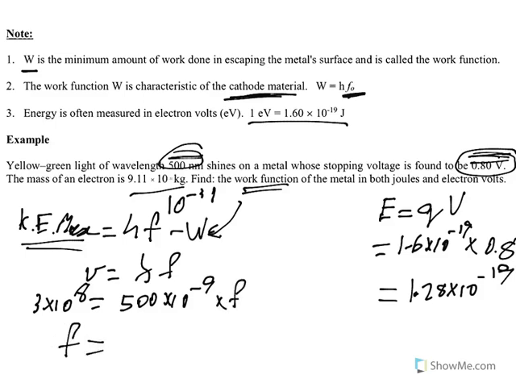So the frequency of that light is 3 by 10 to the 8 divided by 500 by 10 to the minus 9, and that comes out to 6.0 by 10 to the 14. Alright, so let's go on to the next page here.